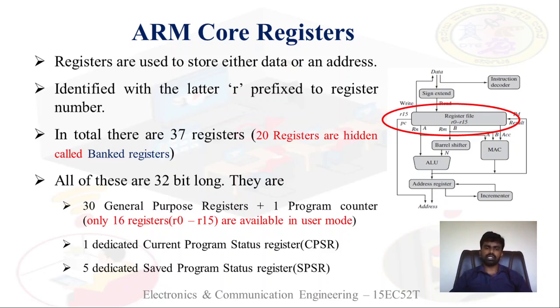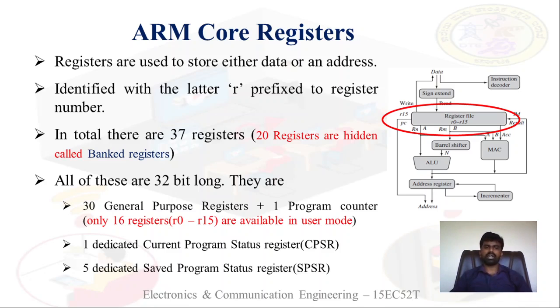These 37 registers are grouped into different categories. First, there are 30 general purpose registers, along with one program counter. So out of these 31 registers, only 16 registers, that is R0 to R15, are available in the user mode. That means only 16 registers are permitted to be accessed by users.